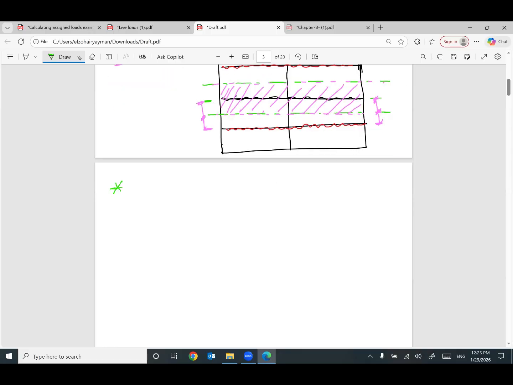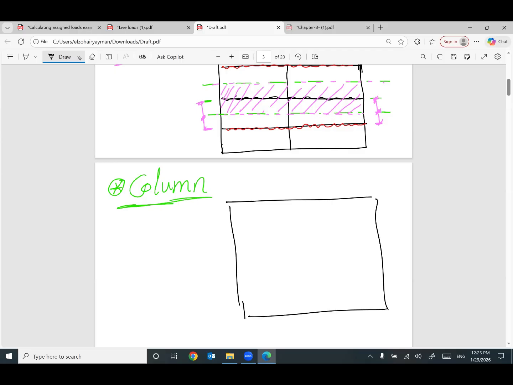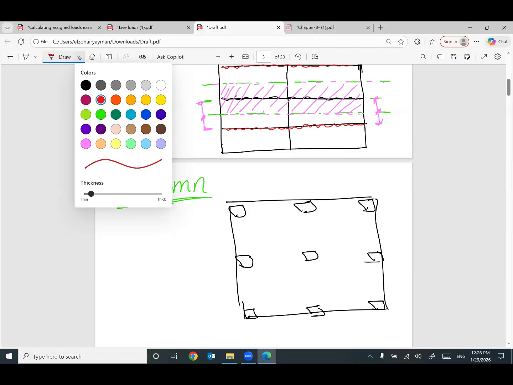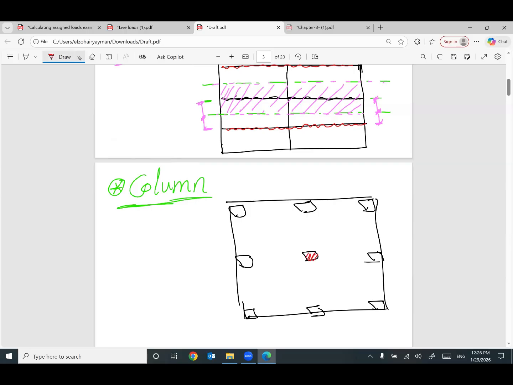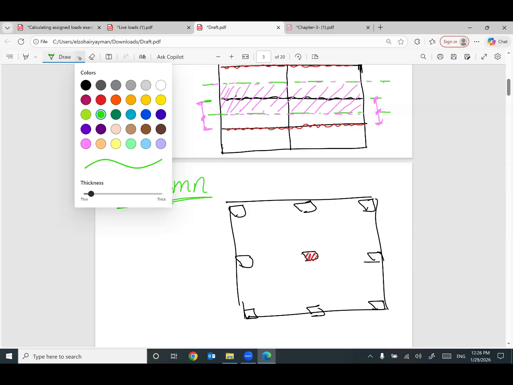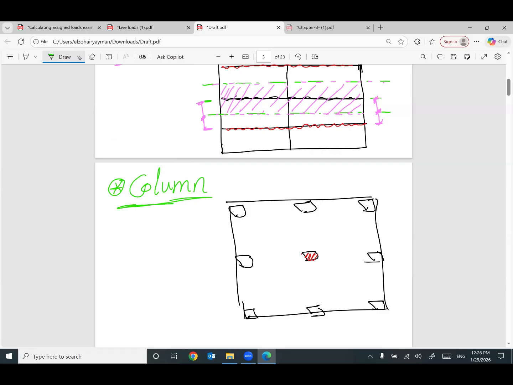If we would like to figure out the area assigned to a column, keep in your mind your floor system will be like this. We have a column here, we have a column, we have a column, we have a column. So whatever the number of columns you have, if you are talking about this column, for example, go ahead and draw between this column and the next one, divide the distance in between.